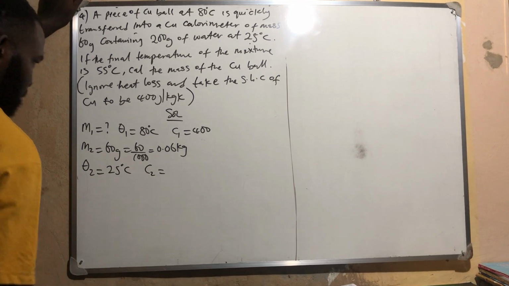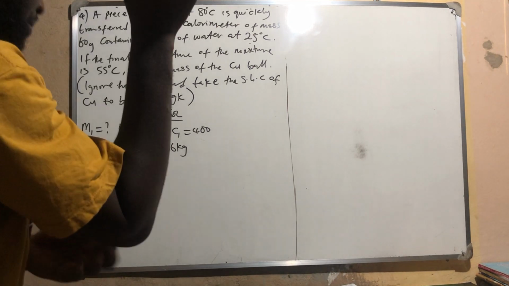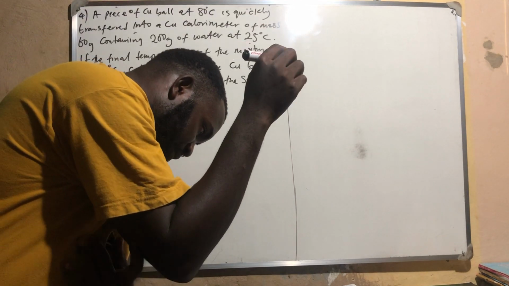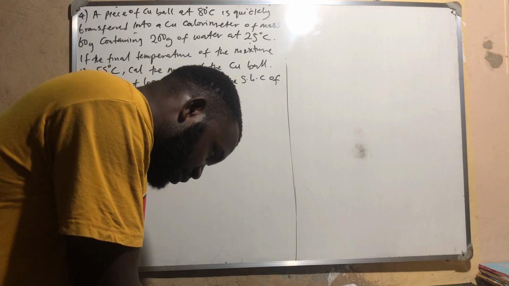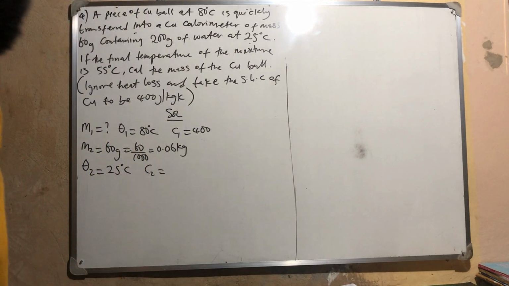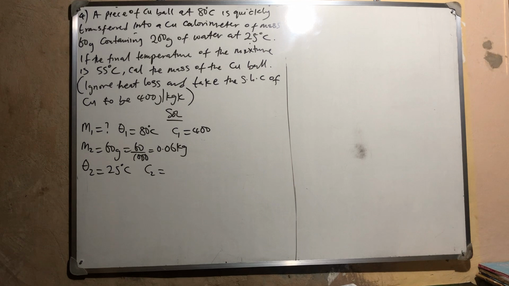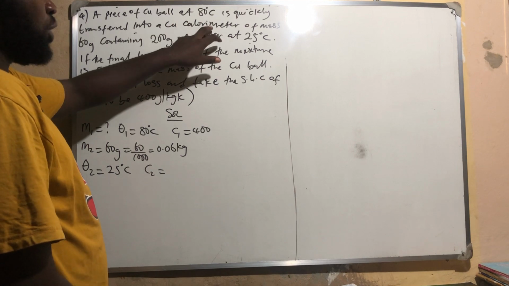So the next thing is our C2, the specific heat capacity of the calorimeter. Are we given that? We cannot get it directly, but if you look at this, you see that the calorimeter is made with copper.